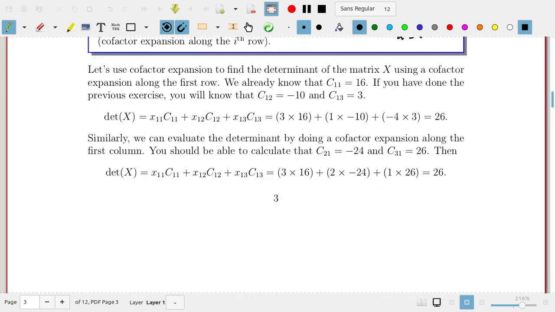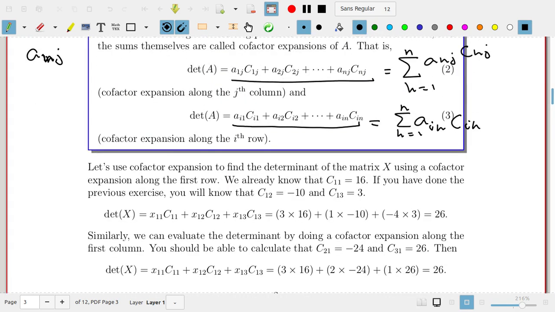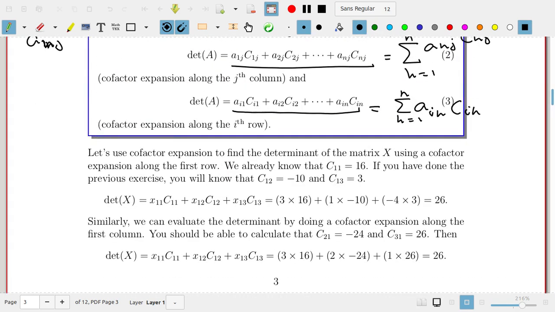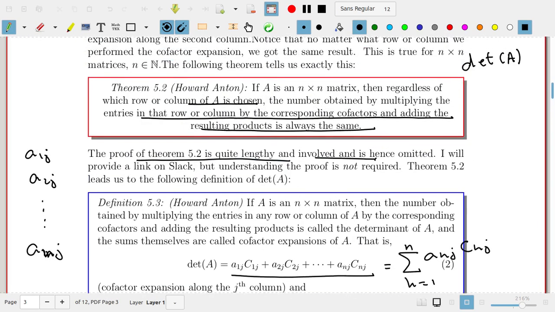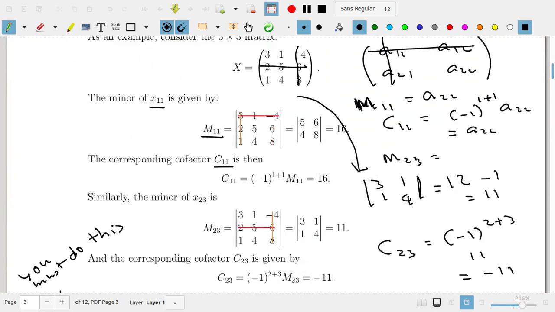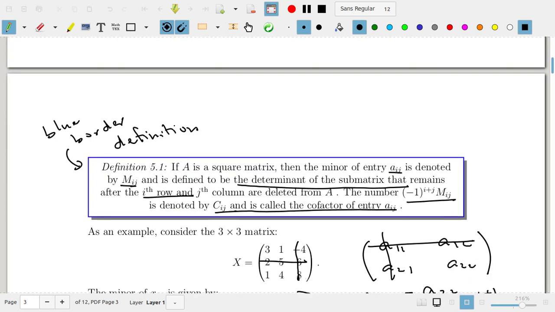Okay, so let's calculate det X, meaning the determinant of the matrix X that we've already defined, this matrix over here.